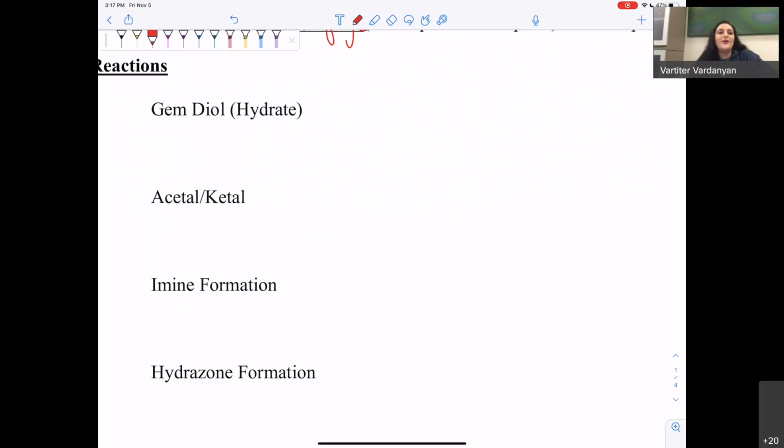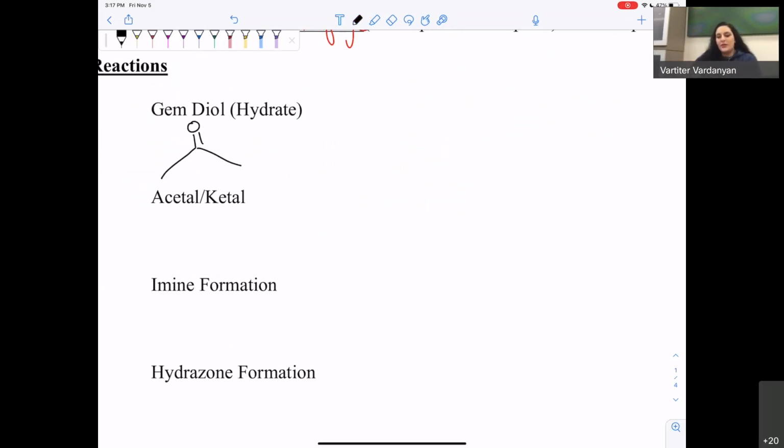So the gem-diol reaction, aka the hydrate reaction or the hydrolysis reaction. In this one, we have a ketone, and I'm going to do a separate one for the aldehyde because the equilibrium is actually different.